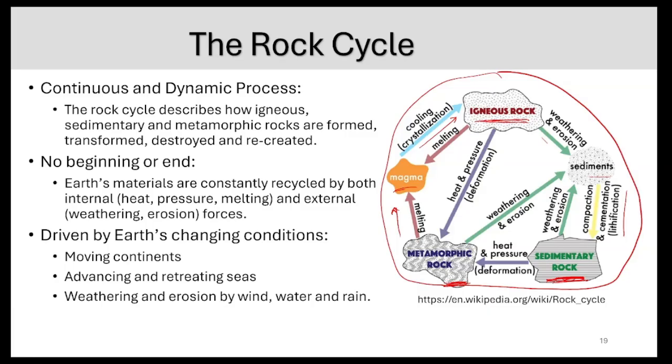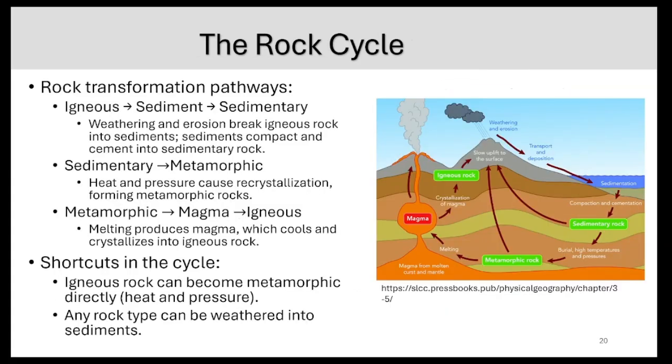So basically, Earth recycles all these materials, and we do not know which is the starting stage or the end stage. Rather, it's a cyclic process, and it keeps repeating. The rock cycle pathway is generally, as we just described, igneous rocks change into sediment, and the sediment gets compacted and forms a sedimentary rock, and then this sedimentary rock will metamorphose into a metamorphic rock.